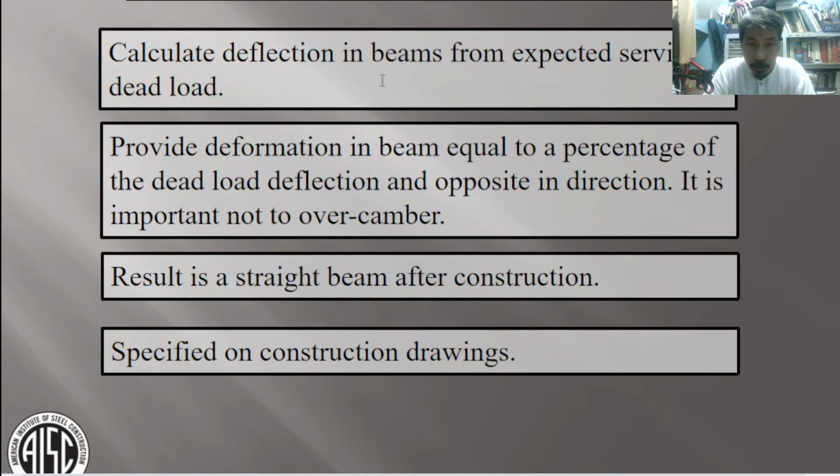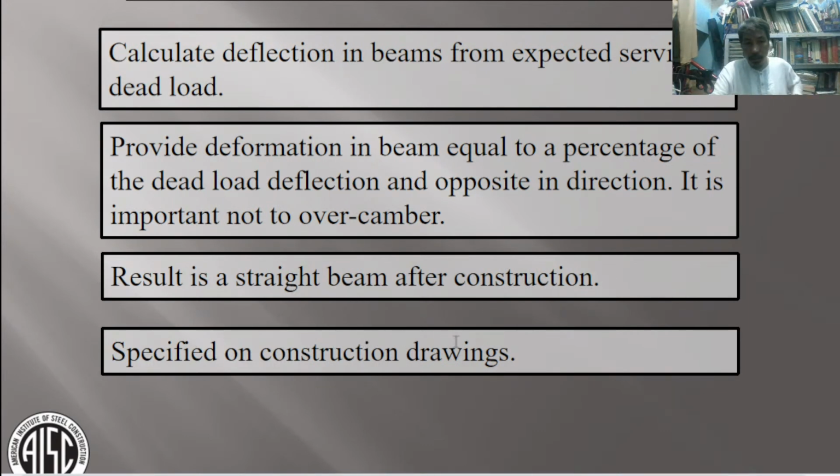So calculate deflection in beams from expected service dead load, then provide deformation in the beam equal to a percentage of the dead load deflection, in the opposite direction. It is important not to over camber. We already know what we mean by camber of the beam. The result is a straight beam after construction, specified on the construction drawing.